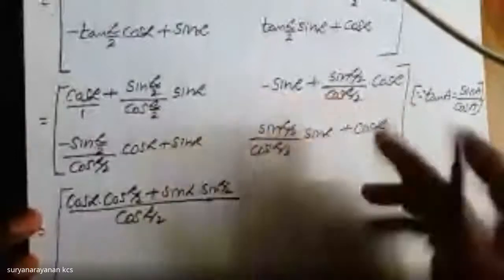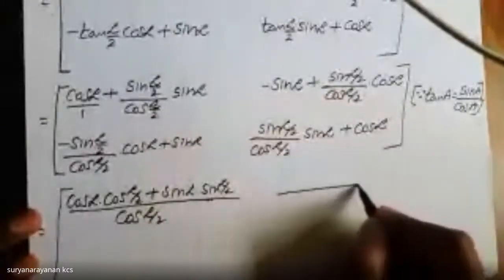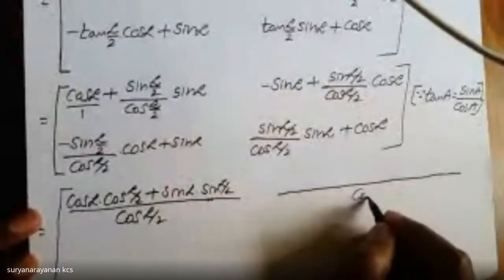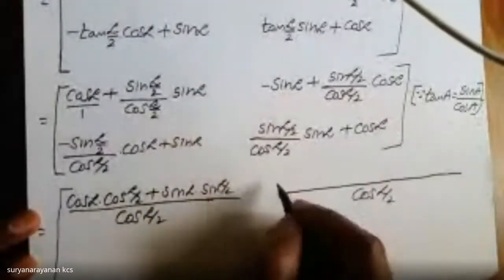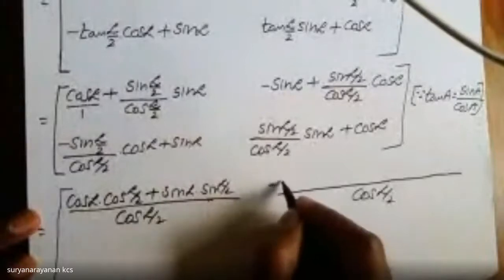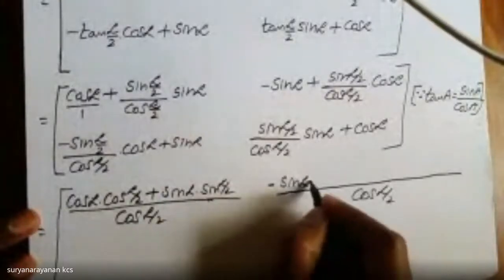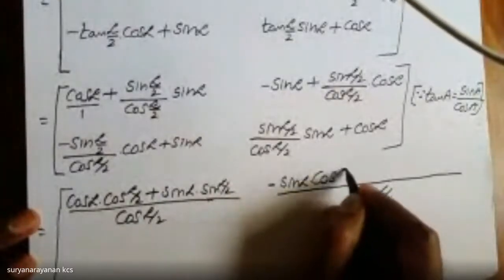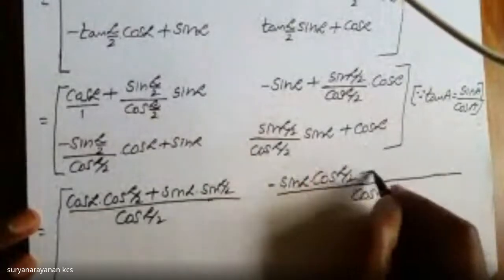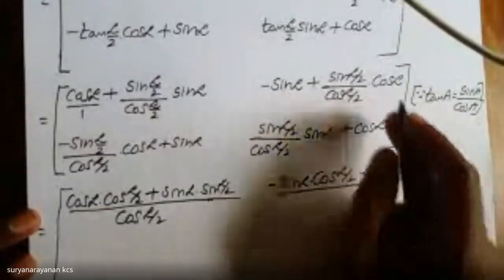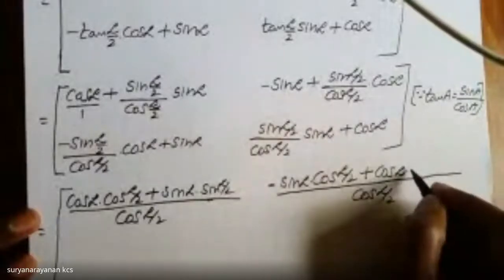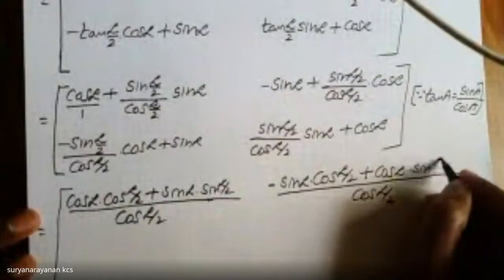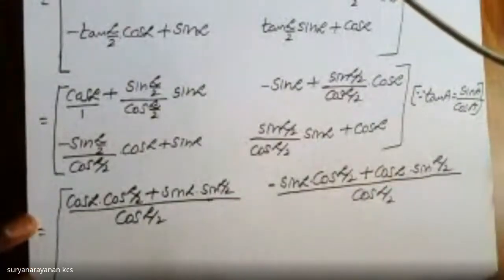See here also, cos alpha by 2 is LCM. What will you get here? Minus sin alpha into cos alpha by 2 plus cos alpha into sin alpha by 2.